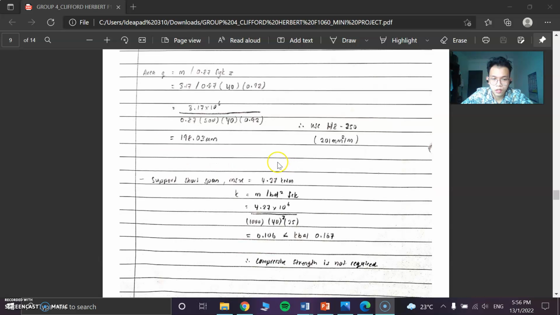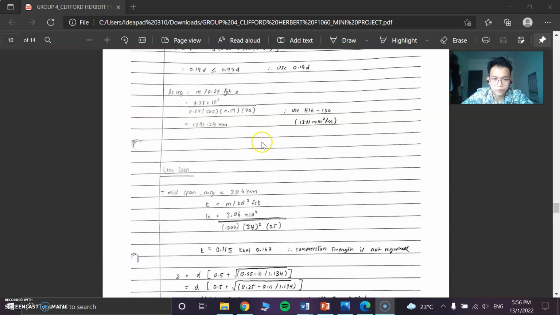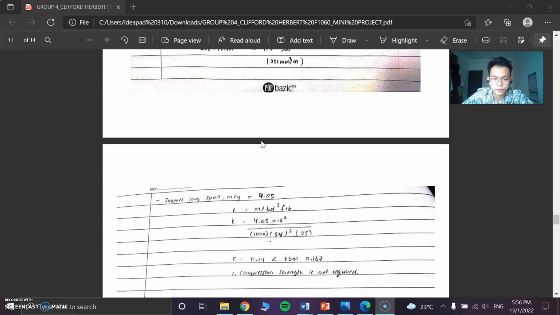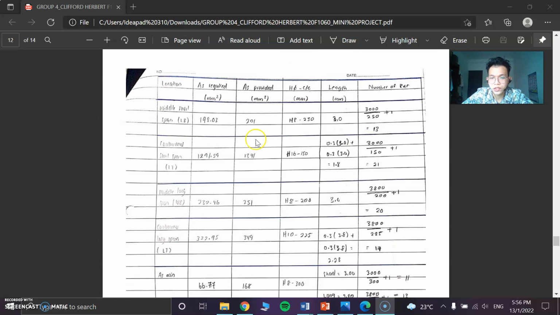So this is the table: location, as required, as provided, bar diameter at spacing, length, number of bars.